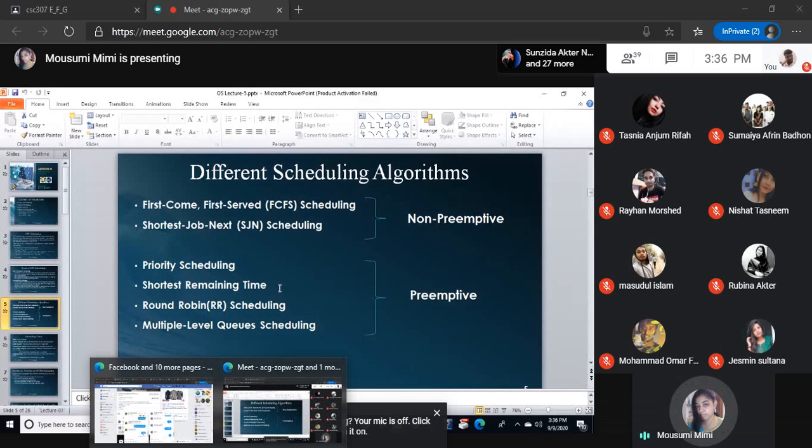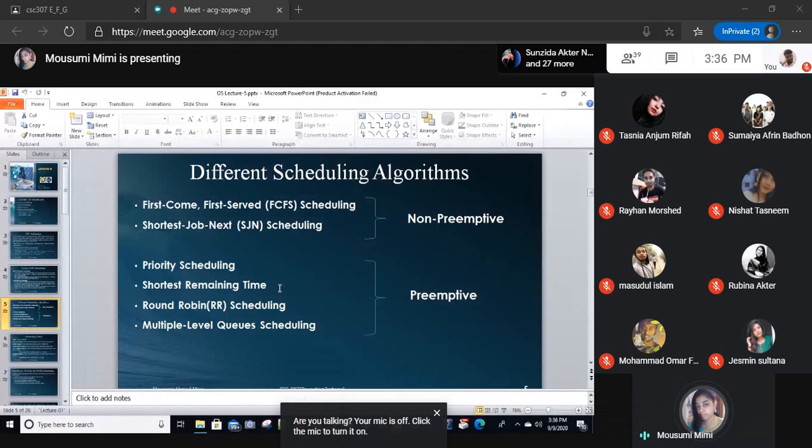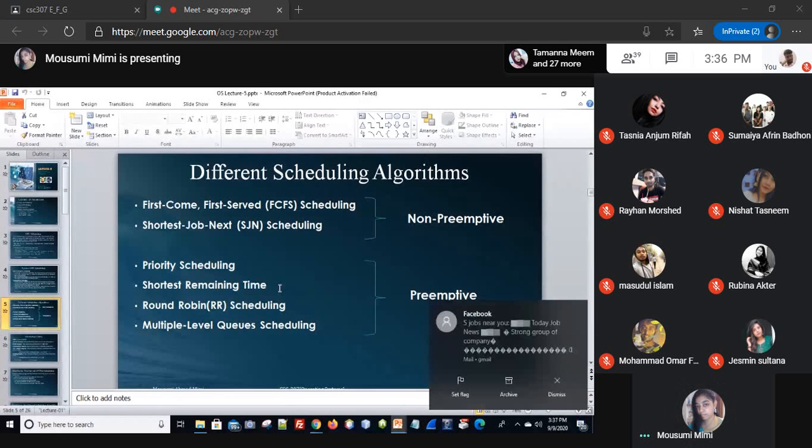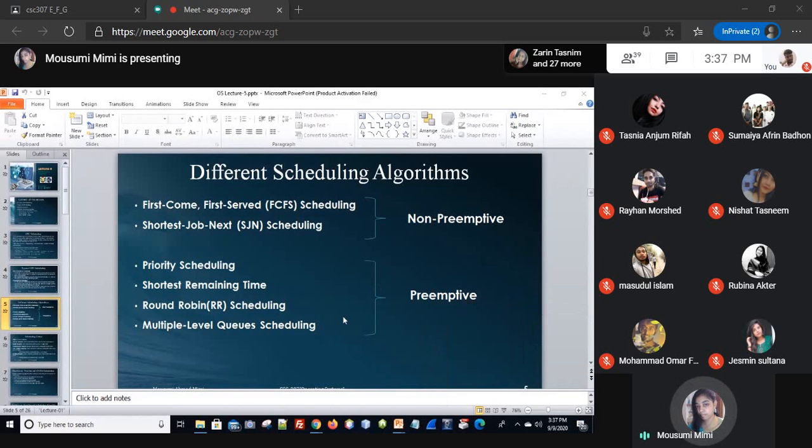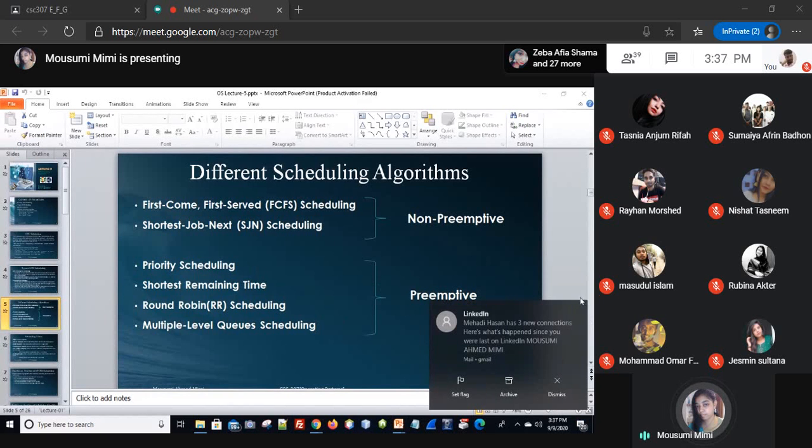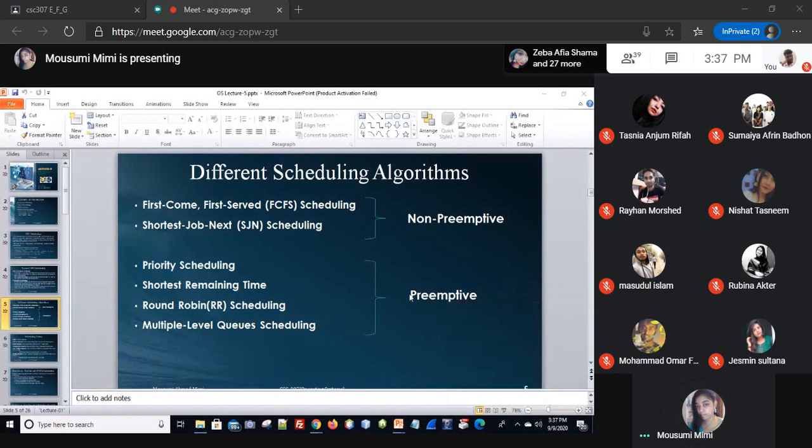You will go for the smallest assignment first because it will take less time than the largest assignment. So that can be the real life example of shortest job next scheduling.